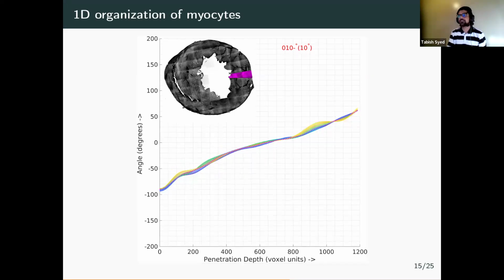But if you did this at a coarse scale, like a DTI scale, at sub-millimeter scale, because of averaging across big regions, you would get a smooth variation, a constant change from outside to inside. So we gain some newer insights on how the cells are organized at the microscopic scale.